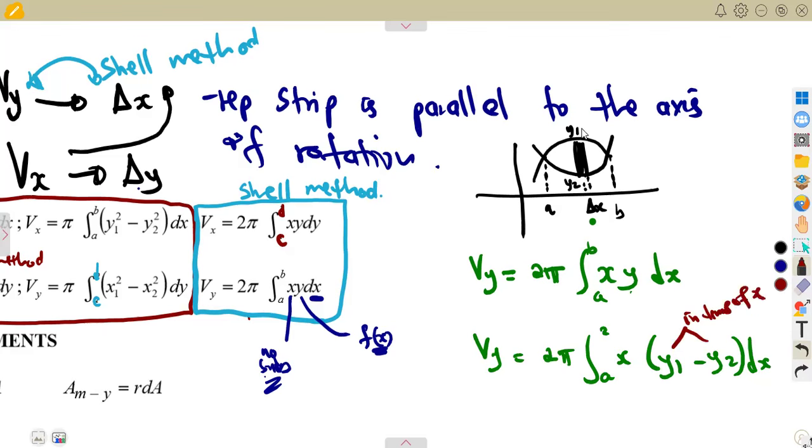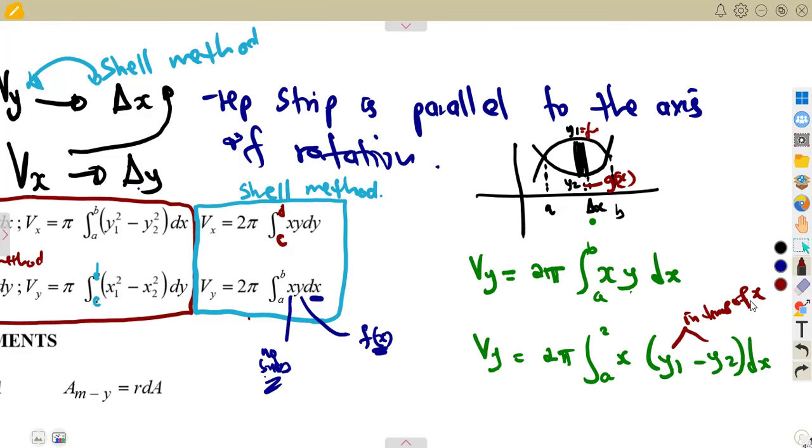These are functions. This one, f of x, maybe this one is your g of x. They are supposed to be in terms of x. This one is already in terms of x with respect to x, so there's no substitute for that. So that is the idea there of the shell method. We do not square like what we had under the disk method, y squared, this squared.